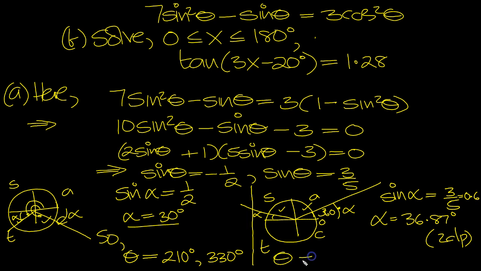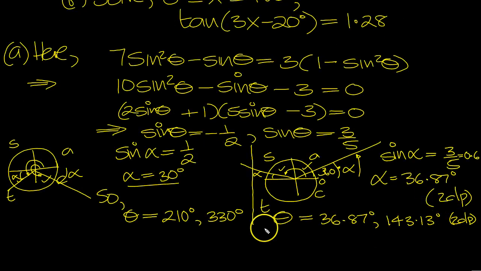So theta will equal then, the first solution is round to here, 36.87 degrees, and the next solution is round to here, which is 180 back 36.87, so it's 143.13 degrees, and this is to 2dp. So there's our solution set then.